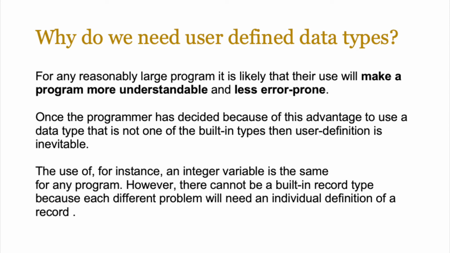However, there cannot be a built-in record type or a built-in class that is universal, because each programmer might have a different need for that record or that class. Therefore, there is a need for user-defined data types, and that's where all of these come in handy. They give you that flexibility to become creative and create your own models of the real world. Okay, great.